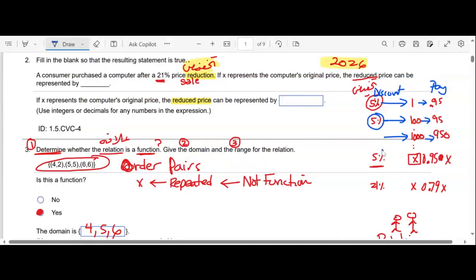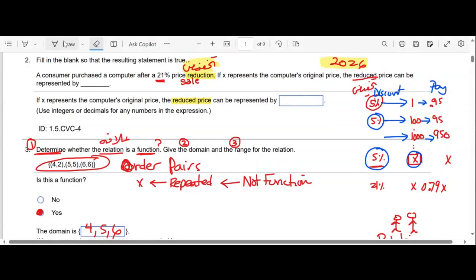What about if it's 1,000 riyal? 950. What if it's 5% and you don't know how much the cost is? x. So in this case, what are you going to multiply? You're going to multiply times what? The discount is how much? 5%, right?